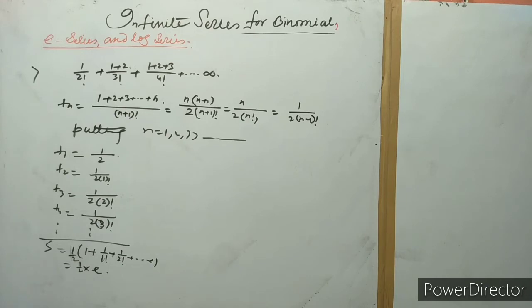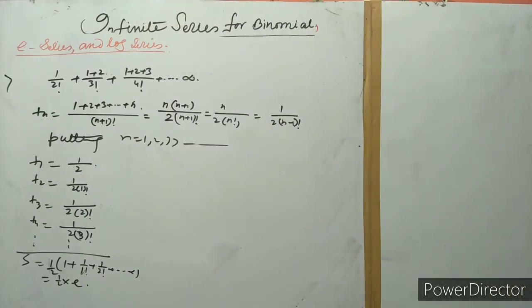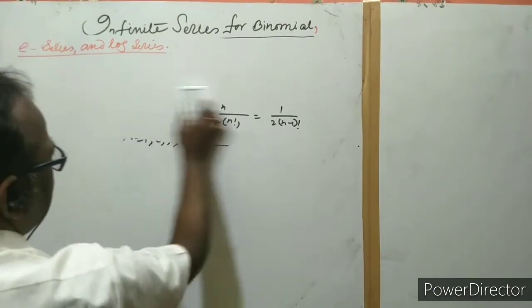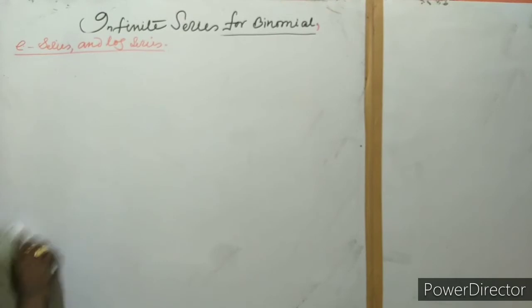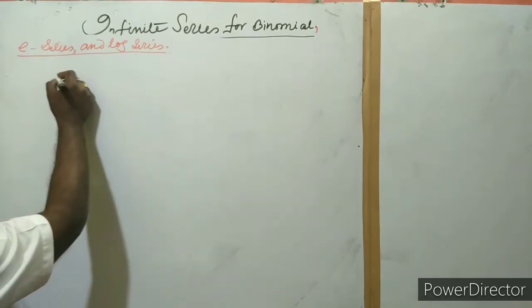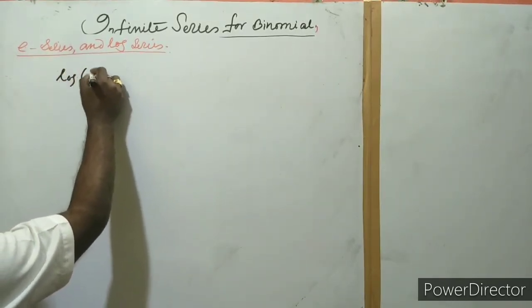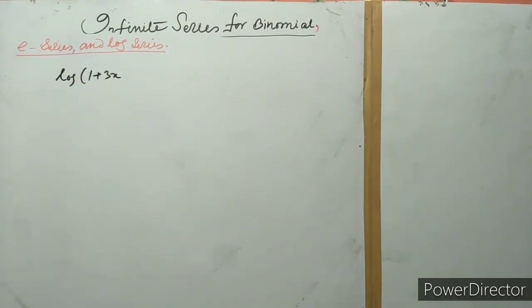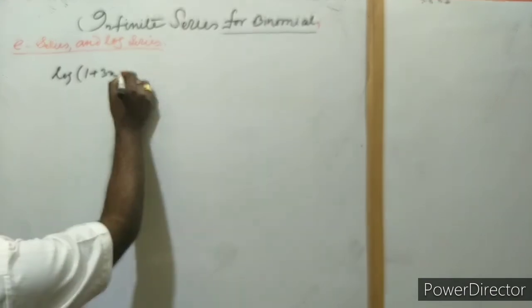Okay, see carefully. Again, we have to proceed with some problems. Next problem is about the logarithm series. The problem is: expand log of 1 plus 3x plus 2x square.